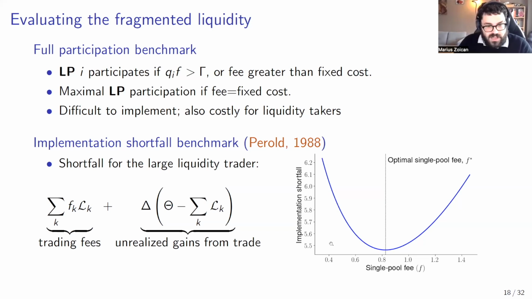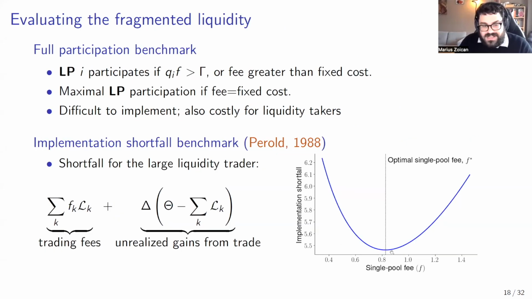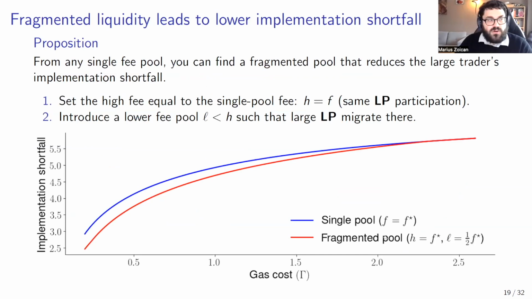So now what we're arguing is that you can always have a fragmented environment that achieves at least this implementation shortfall, if not a lower one. And the argument is as follows. Let's say you have a high and a low fee pool. You can set the high fee pool equal to the optimal single pool fee. So in that sense, everybody who would have participated in that optimal pool is also going to participate in my two pool system.